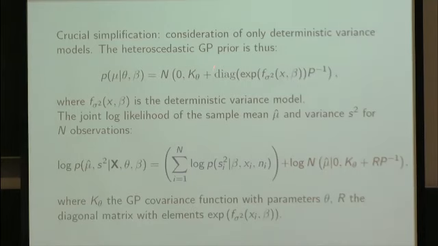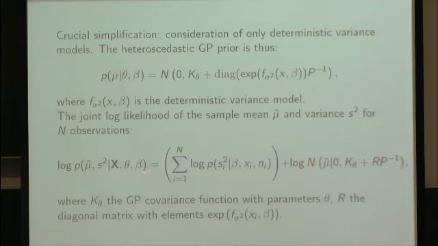And then we have a diagonal matrix, where the exponent is there to make sure we predict positive variances. And we have a function f here, which depends on the inputs and some parameters beta, and it predicts the input dependent variance. And the P matrix here has to do with the number of replicates at each point to keep things consistent.